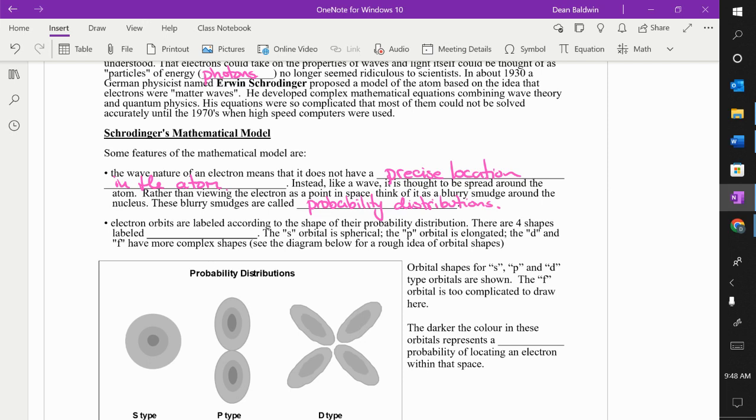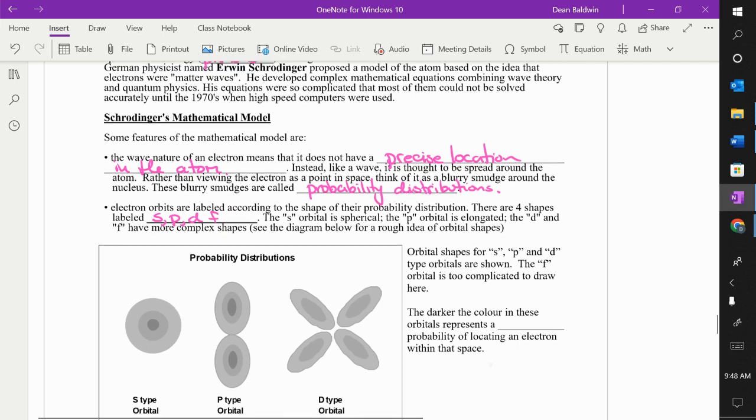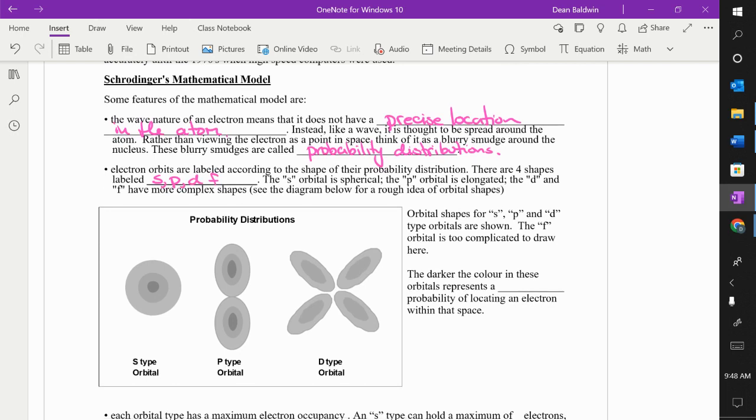And you get 4 types of shapes, 4 orbital types: the S, the P, the D, and the F. You can see the S orbital is a sphere, the P orbital is a sort of infinity-looking thing.